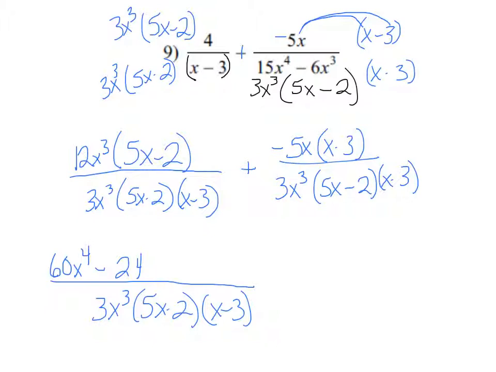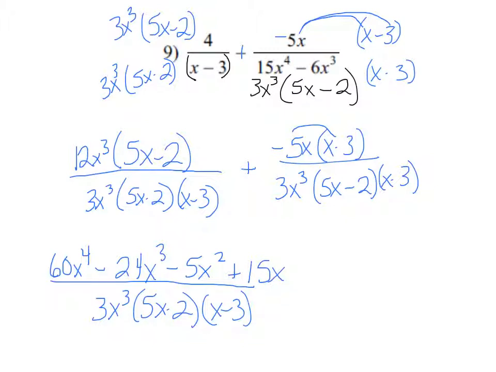And then a 24x cubed. Plus, actually I'm going to do a plus, but since I'm going to distribute right here, that's going to end up being a minus. So I'll just write it as a negative 5x squared, and then distribute. The next one will turn into a plus 15x.